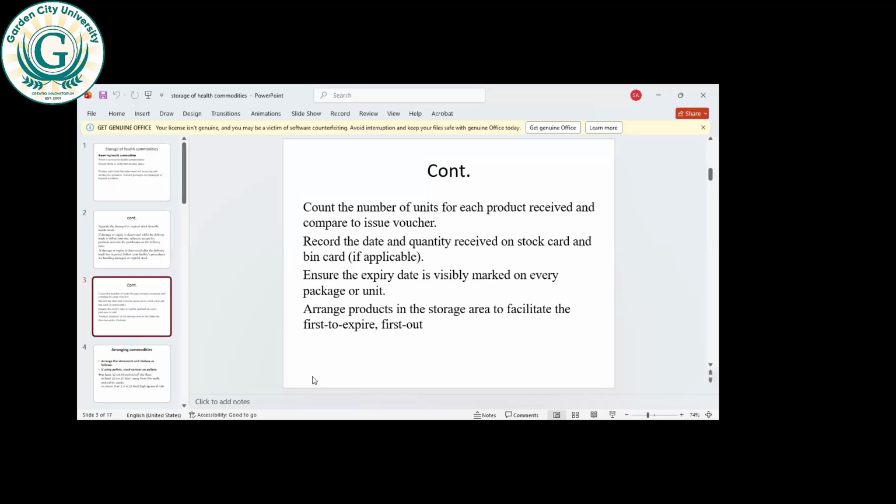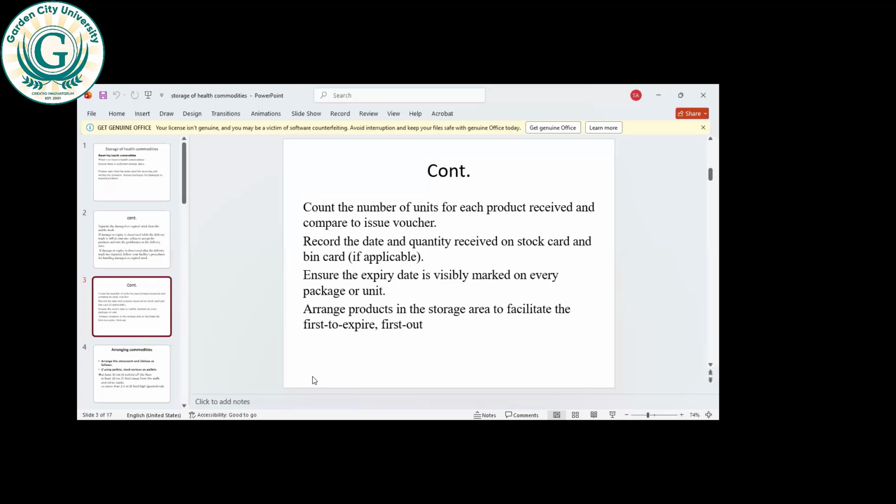Then you record the date and quantity received on the stock card and the bin card if applicable. In situations where you still use the bin card and the stock card, you record the items that you have received on them. And you also ensure that the expiry date is visibly marked on every package or unit.